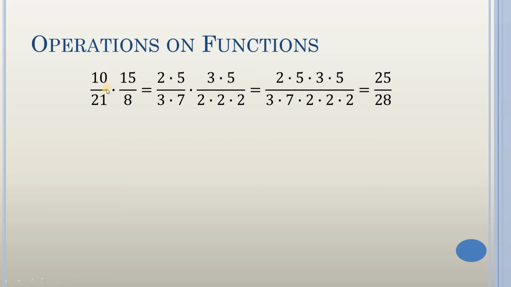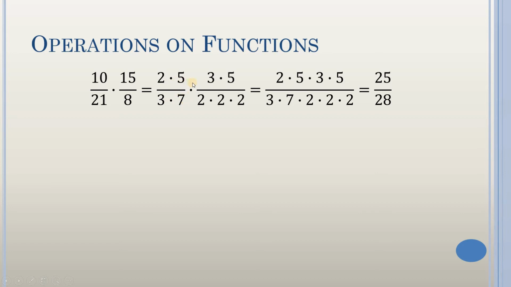Then 21 has prime factors 3 and 7, because 3 times 7 is 21. The prime factors of 15 are 3 and 5, and the prime factors of 8 are 2 times 2 times 2.